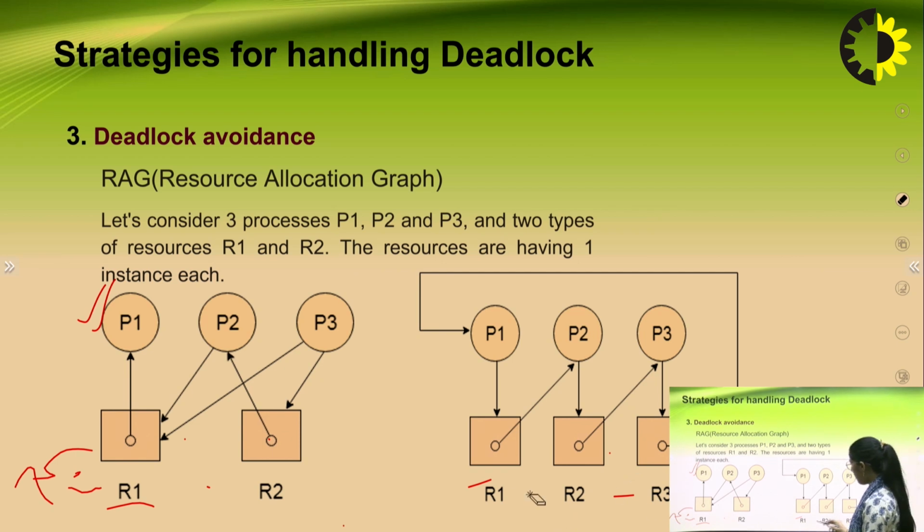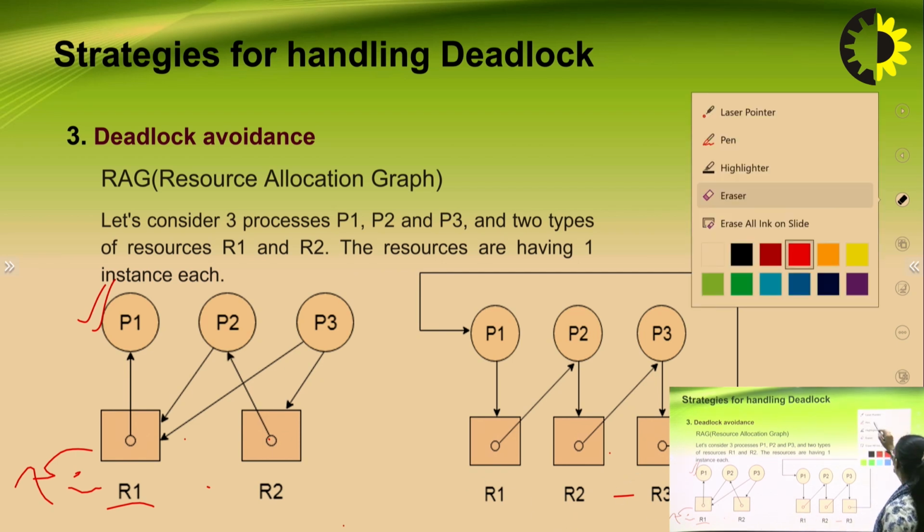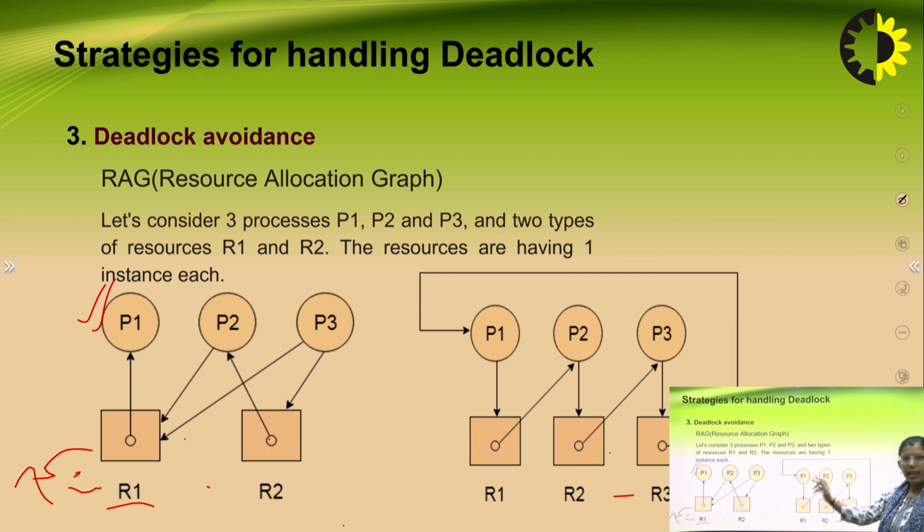Now let's see this example. Here we have three processes and three resources. Each resource also has one instance. That means it can be used by one process at a time. Next, we only check for a cycle. Yes, let's see here.